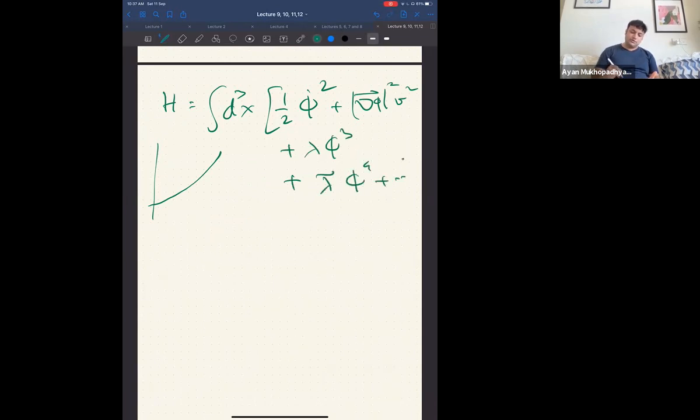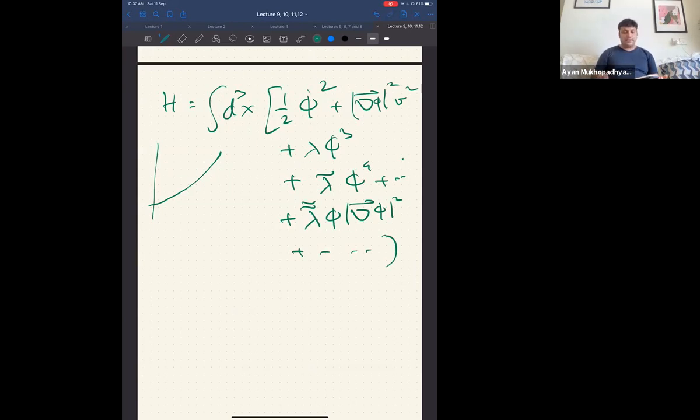And so on and so forth. Of course, there can be terms also of this kind, like lambda phi (grad phi) squared. There can also be terms like that. So these are what I call interactions, right?